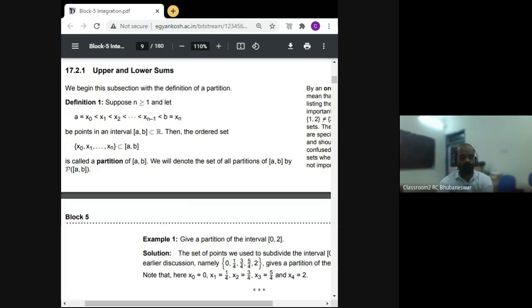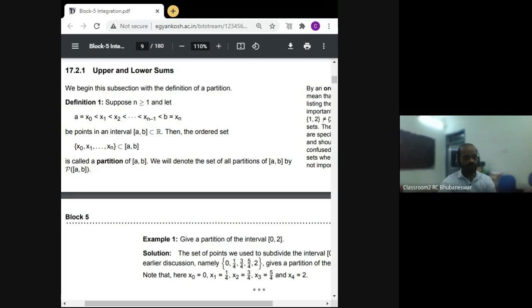The definition suggests that suppose n is a natural number, and there is an interval in which the function is defined. This is the definition of a partition of an interval. Here the lower limit of the interval is a and the upper limit is b, and we have to partition this interval with an ordered set.